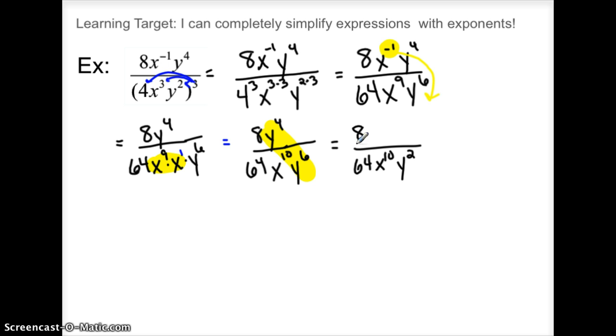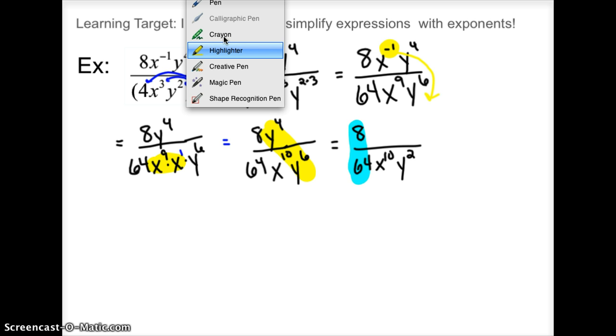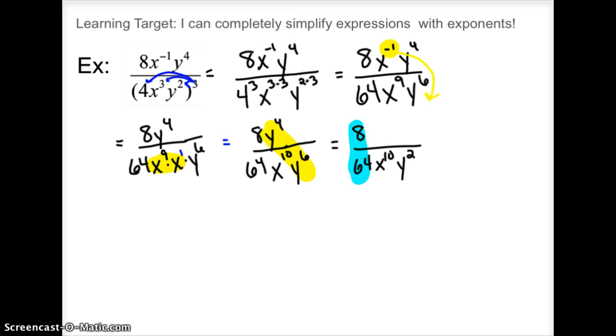Now we should look and see, are we done? Well, I have x and y. They're not repeated. They're only written once. There are no negative exponents. There are no parentheses. However, 8 and 64, I can reduce that. If we think about it as a fraction, they share a common factor. So the biggest factor that divides both 8 and 64, well, they're both divisible by 8.